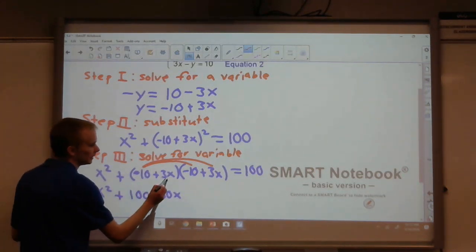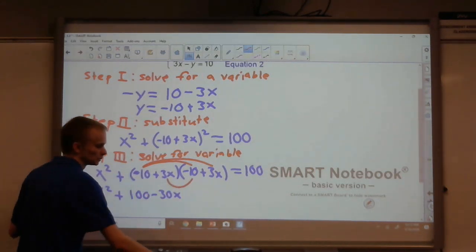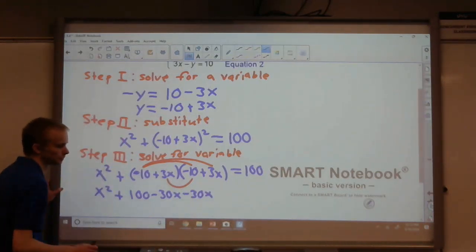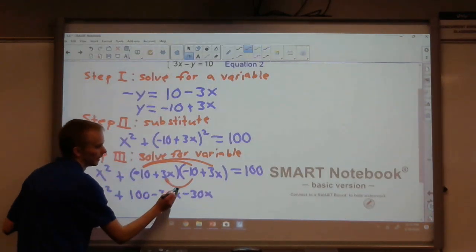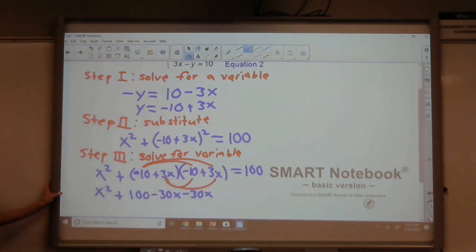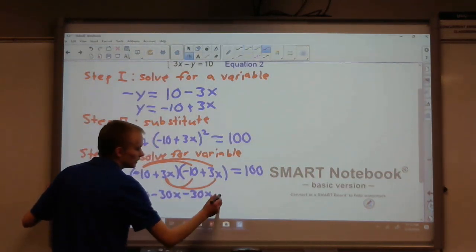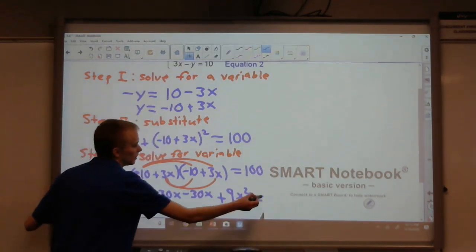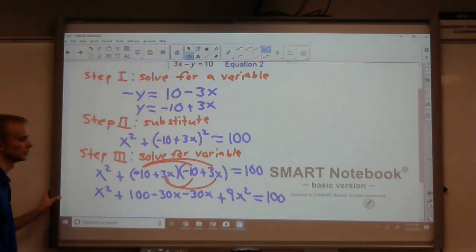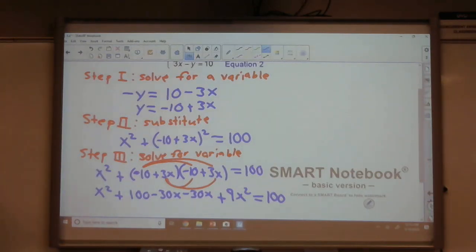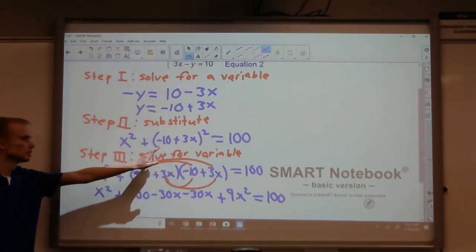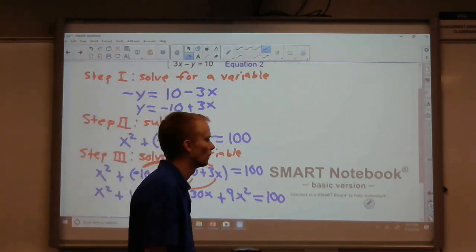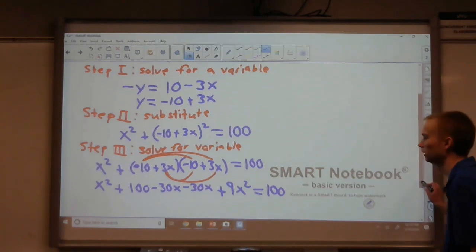And then 3x times negative 10 is negative 30x. And then 3x times 3x is 9x squared, and this all equals 100. Okay? I'm just multiplying this out so that I can get an equation to solve for x. Okay?